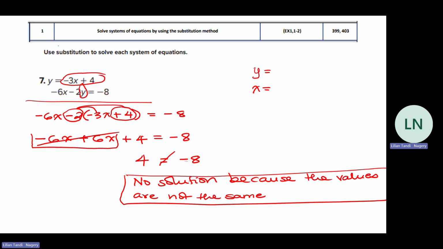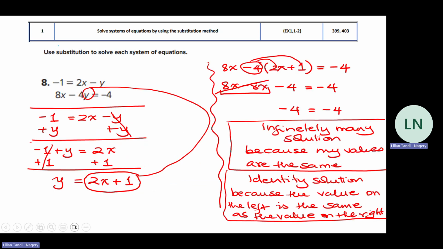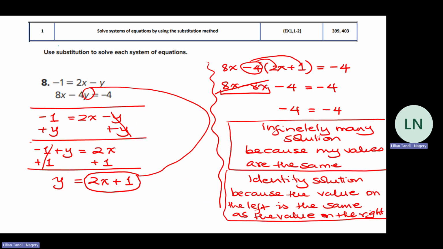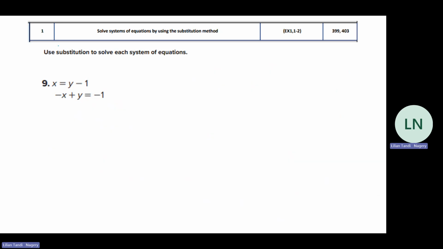So you cannot check if your answer is no solution, and you cannot check if your answer is infinitely many. The only time you're going to check is when you have one solution, like when you have x equal and y equal. That's the only time you can check. Is that clear? But you should always read your question and check your work if you did each step correctly.